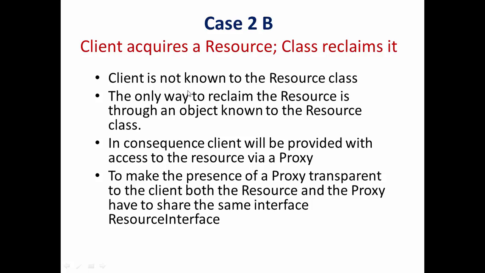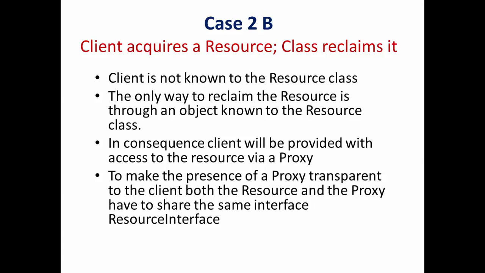Here are some observations. First of all, the client is not known to the resource class. So the class does not know who the client is and how to reach the client. So the only way to reclaim the resource is through an object which is known to the resource class. So this will be some object which will be issued by the resource management, but the access to that object will be retained by the resource management class.